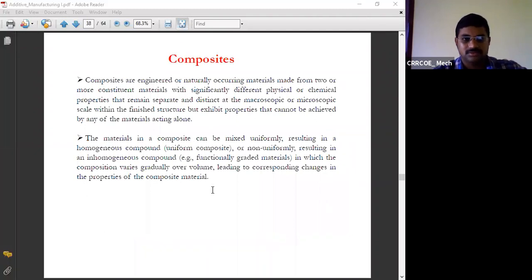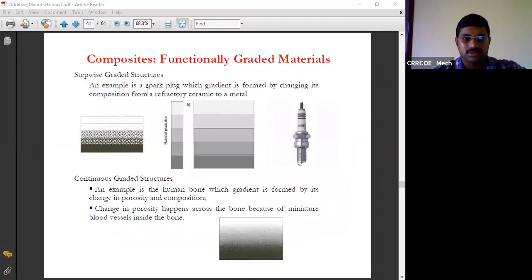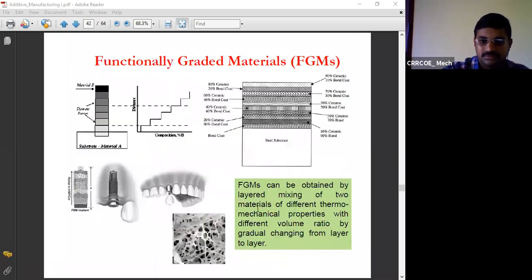So what I have said, functionally graded materials give performance in two or more parameters, so more than one requirement is satisfied.